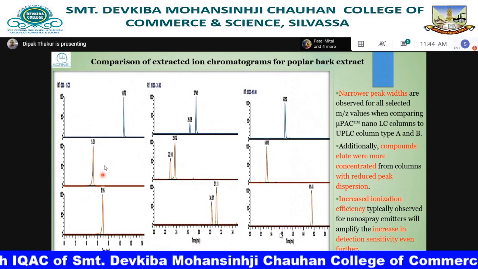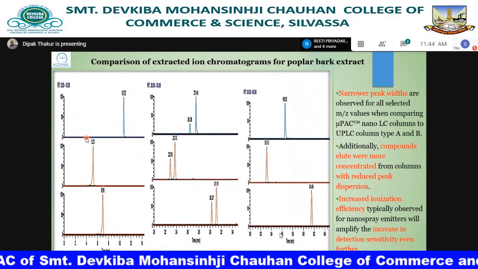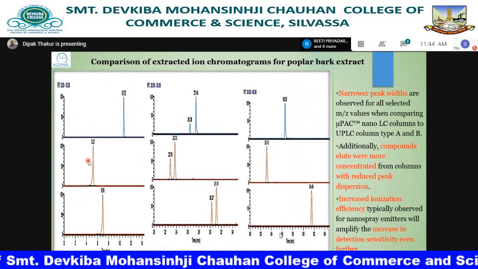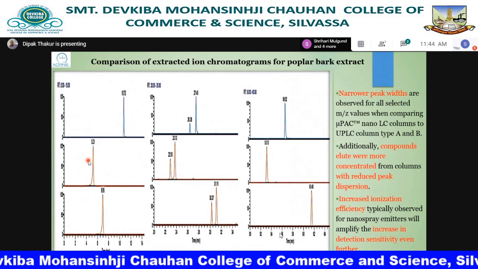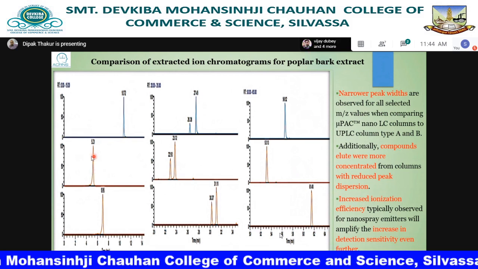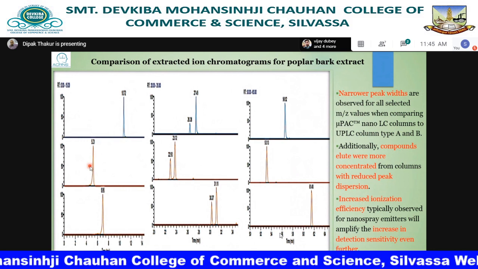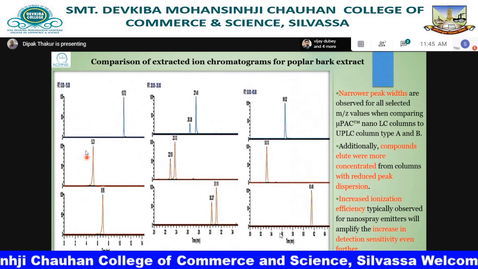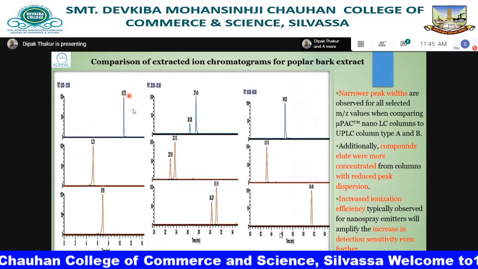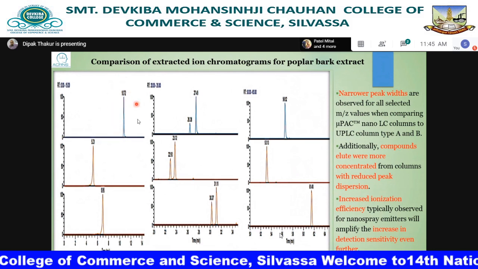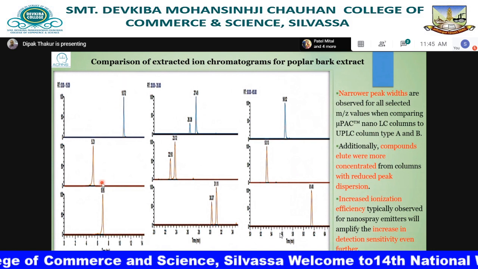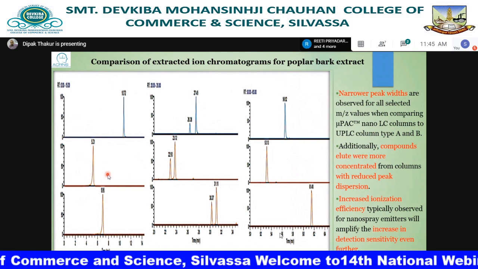Compared to them, these peaks, which are generated from columns packed with the spherical beads, are much better. But further improvement is provided by micropack column. See the shape of these micropack based peaks compared to columns packed with the beads.